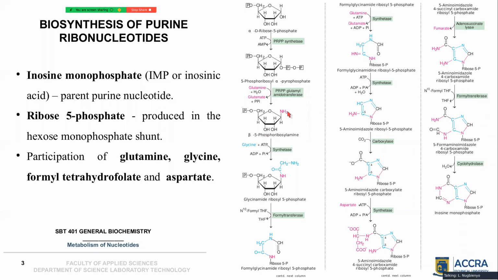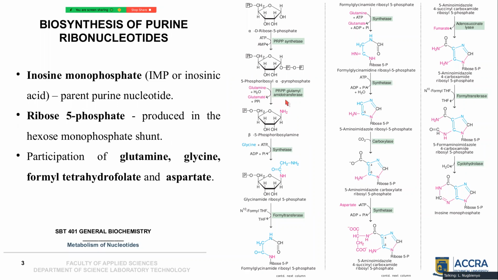Now, then we see the sources of the atoms that are in the purine ring: glutamine, glycine, the tetrahydrofolate, aspartic acid, now coming into action. First, you will see that glutamine, which is an amino acid, donates its amine group on carbon 1. So see this as deamination.